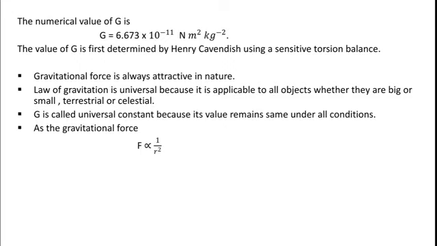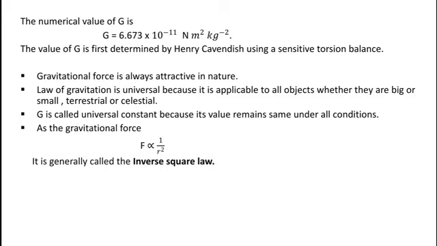And if the distance between the two objects is tripled, then the force between them decreases by 9 times. Due to this relation, it is generally called the inverse square law, because the force is inversely proportional to the square of the distance between them. Hence, it is also known as the inverse square law.